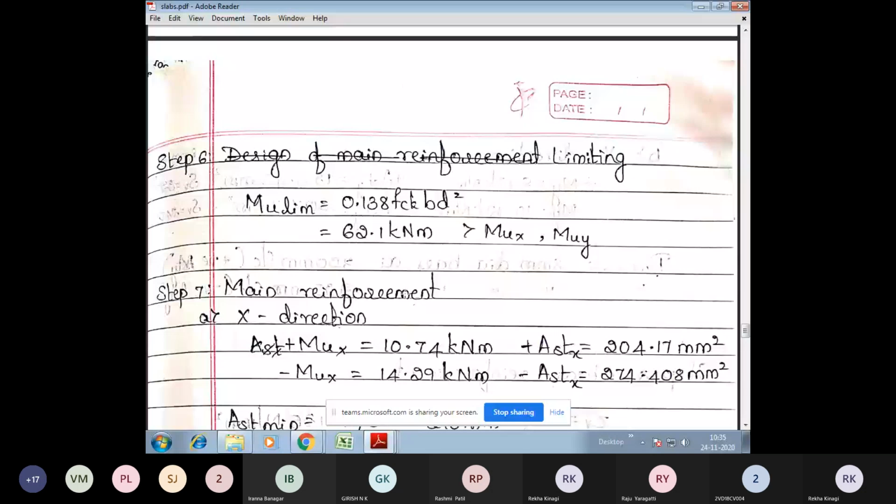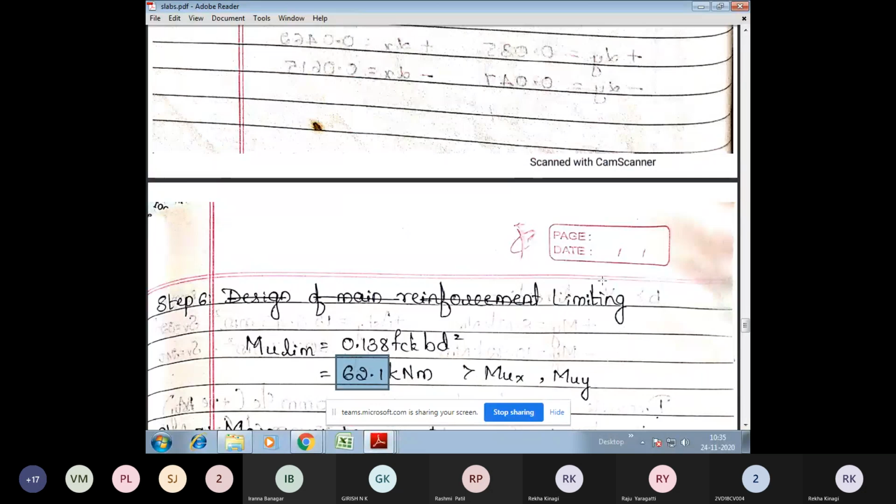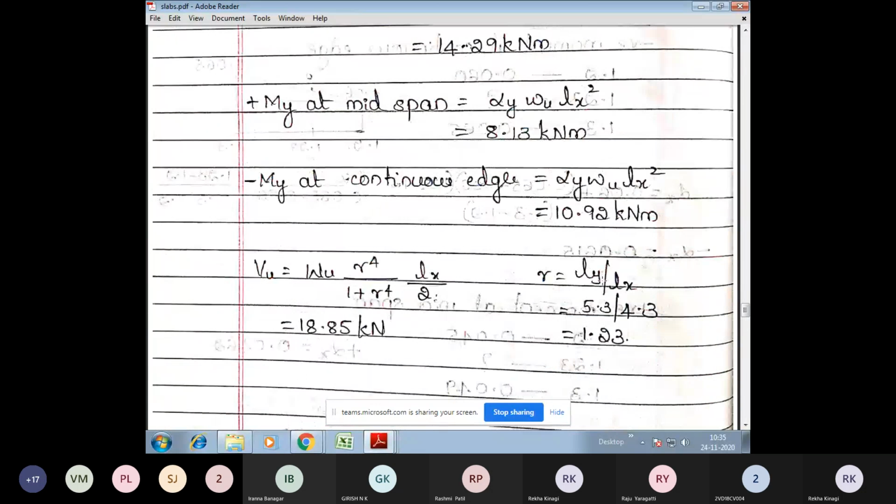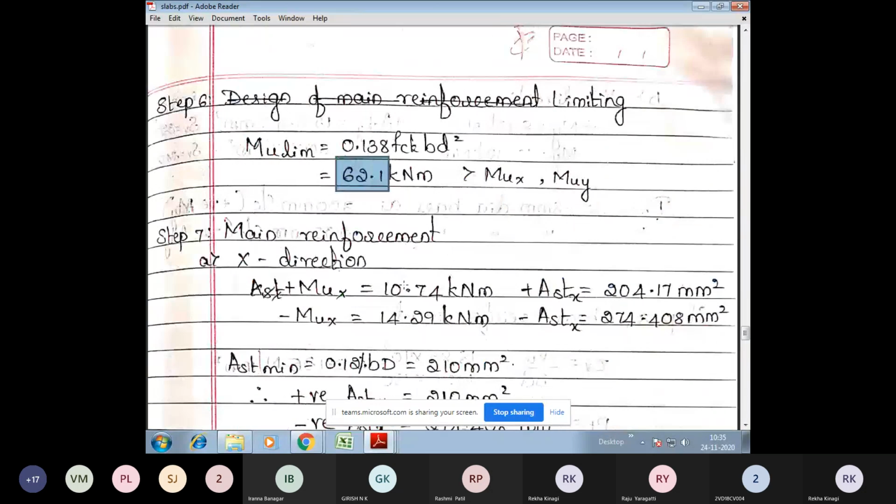Or else calculate Mu limit considering the depth which you have provided, as done here. And if this value of Mu limit is more than Mux as well as Muy, that means all the four moments, then we can say that the depth provided is sufficient. We can proceed with the design.